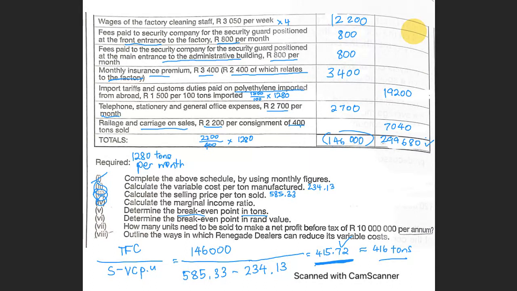And then the next one is saying to you, determine your break-even point in terms of Rand value. So the one way you can calculate it is by taking the answer that we got here, your break-even point in units, and you're multiplying it by the selling price, which is 585.33. There are two methods to do it.